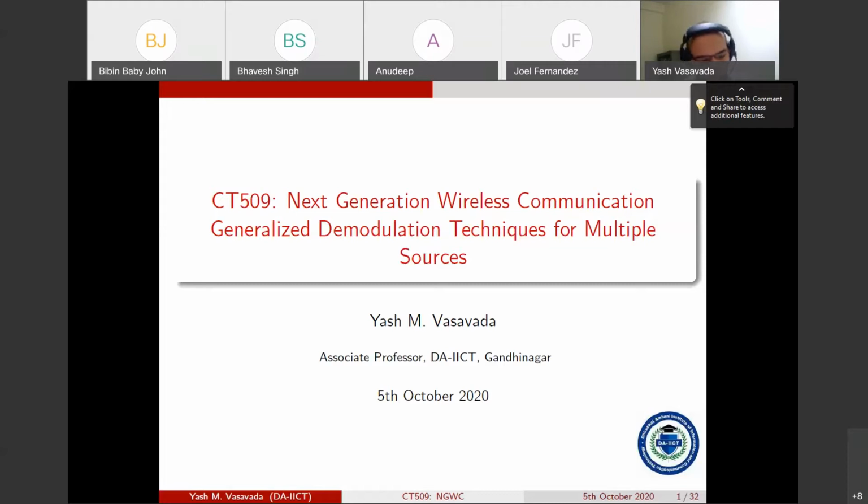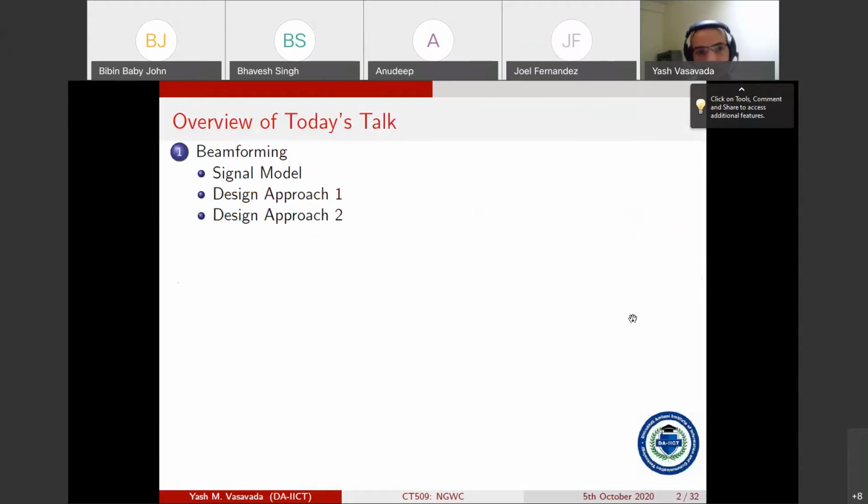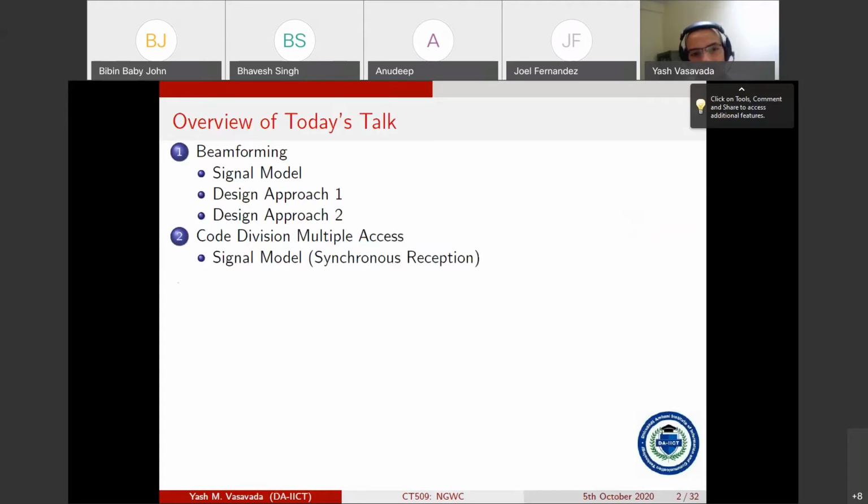going to be a generalization of what we just very quickly went over. And I'm actually going to begin with the same topic of beamforming that we were looking at in the previous lecture. But then I'm going to look at a multiple access scheme called code division multiple access.